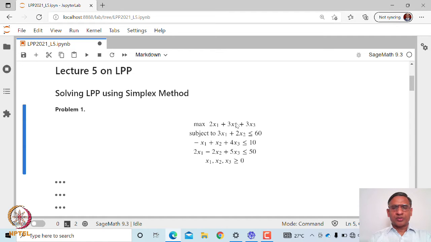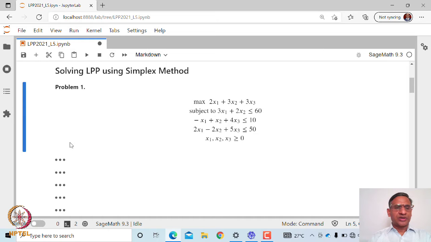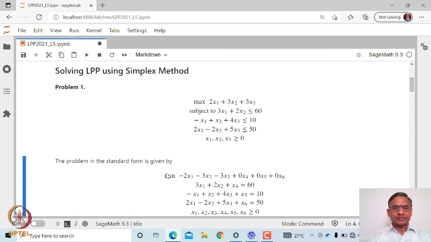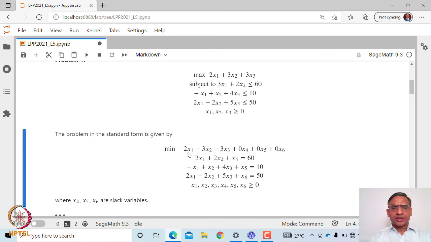So the problem in standard form will look like something like this. Minimize minus 2x1 minus 3x2 minus 3x3 plus 0 times x4 plus 0 times x5 plus 0 times x6. These are corresponding to slack variables that we have introduced for each of this less than equal to constraint.